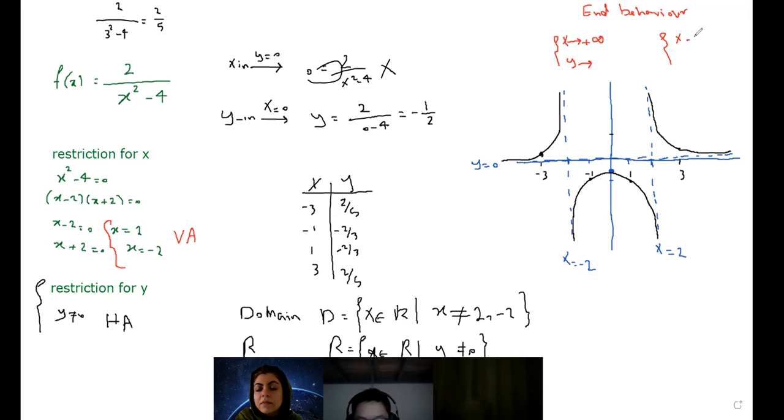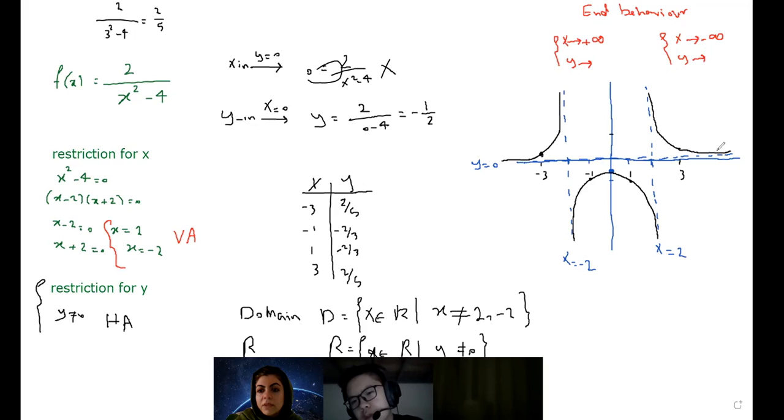For positive infinity, you have to look at this end.